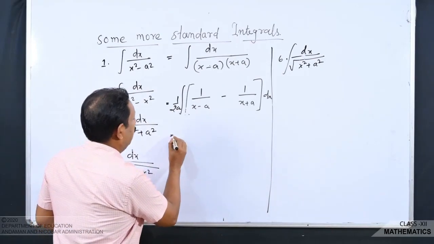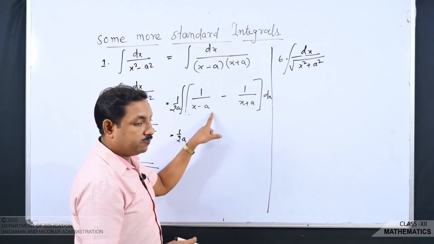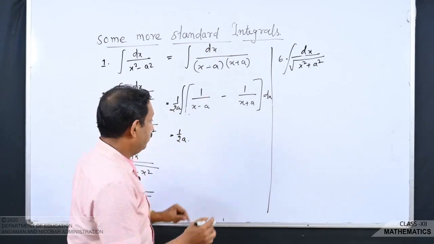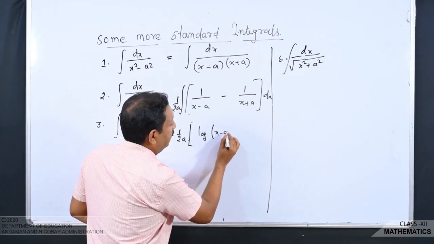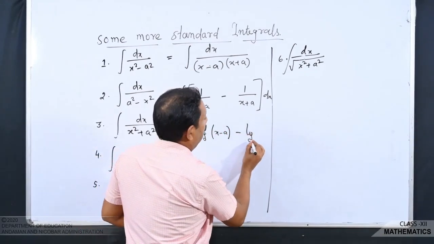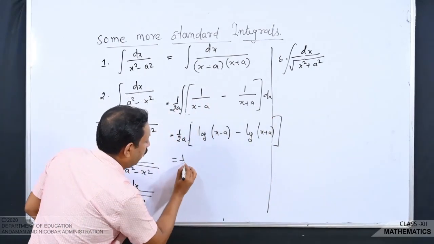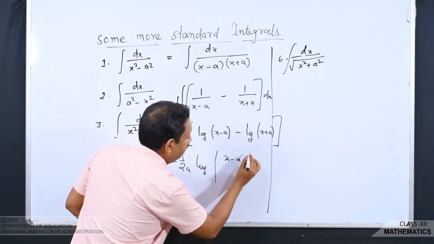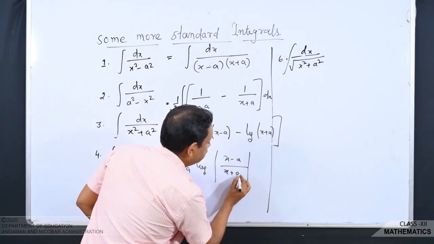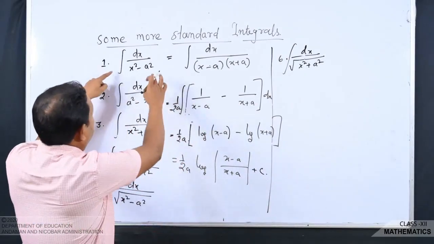So that means 1 by 2a, and integration of 1 by x minus a you can write as log of x minus a and minus log of x plus a. That means 1 by 2a log of x minus a by x plus a, by using the property of log, plus c.